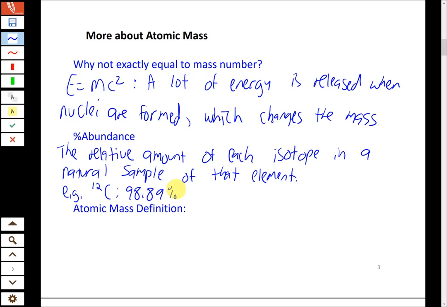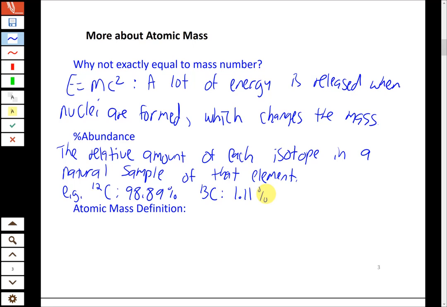So when you have carbon, whether it be in the form of a diamond or graphite, or whatever form of carbon you have, 98.89% of those atoms in that sample are going to be carbon 12, 6 protons, 6 neutrons in the nucleus. But then the rest of that, to 2 decimal places anyway, is going to be C13. So the remaining 1.11% of those atoms is C13. So roughly 1 out of every 100 carbon atoms is C13.